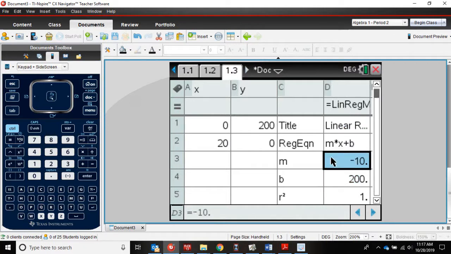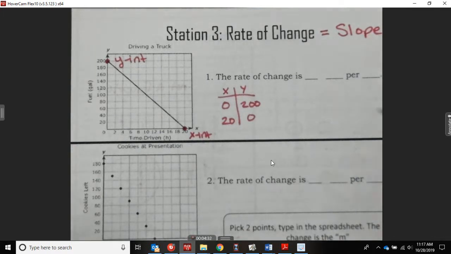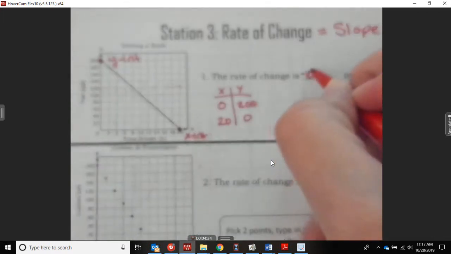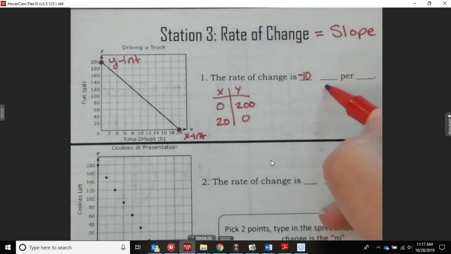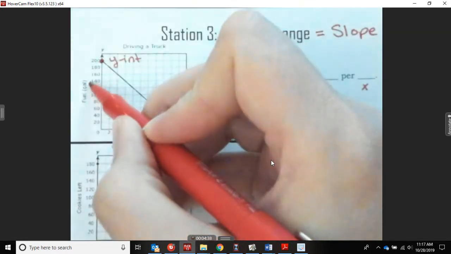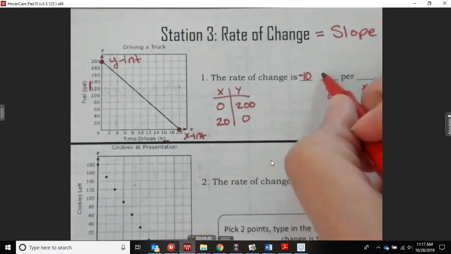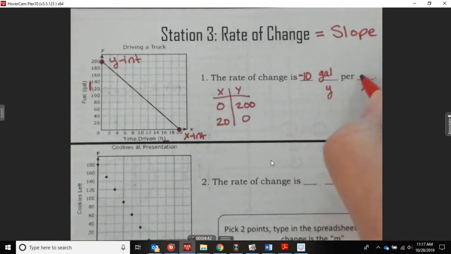My slope is right here. It is -10. So here my rate of change is -10, and remember, it's y per x, so gallons per hour. -10, so minus 10 gallons per hour.